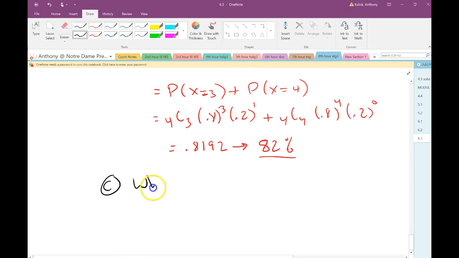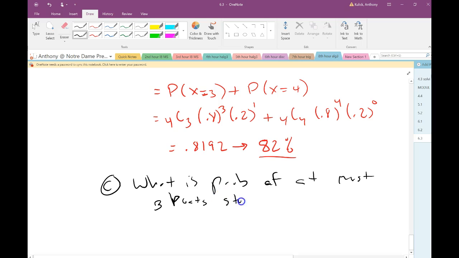Last one, we might say, what is the probability of at most 3 boats stopping at the harbor? So at most, well, that is P of x less than or equal to 3, right?